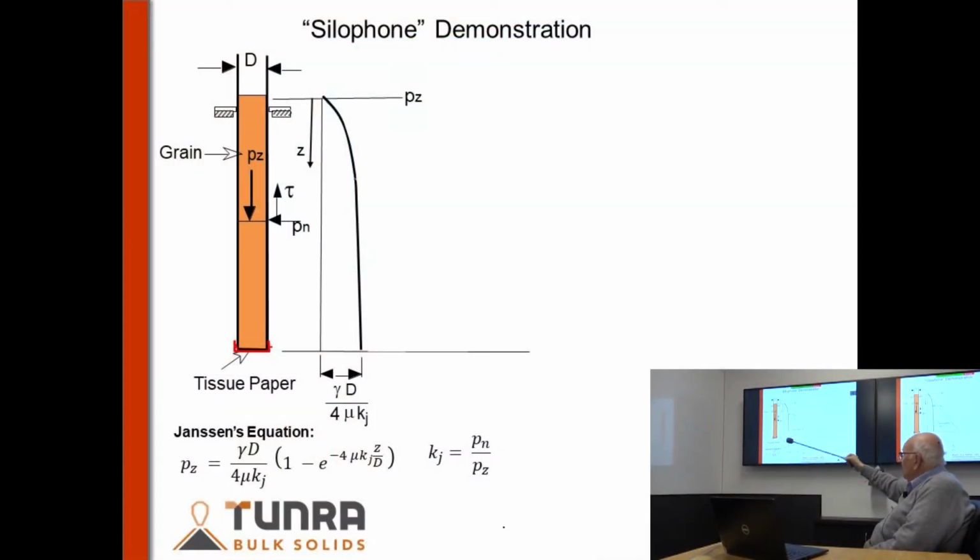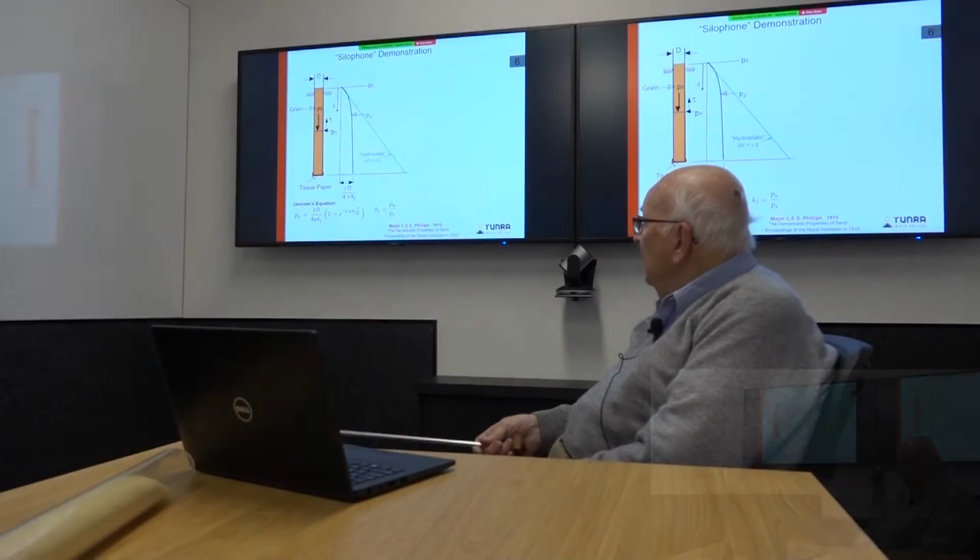the vertical to the horizontal or lateral by a pressure ratio, and it's a ratio of the normal pressure at the wall divided by the vertical pressure. Typically for a case like this, the ratio is around about 0.4.